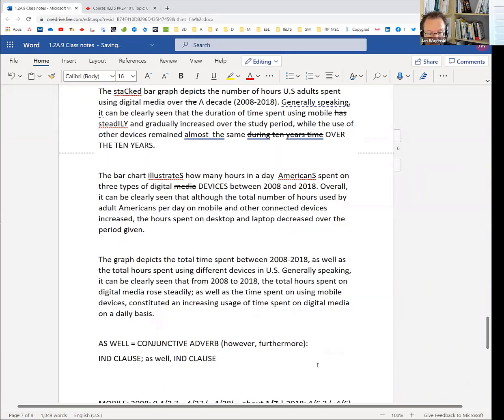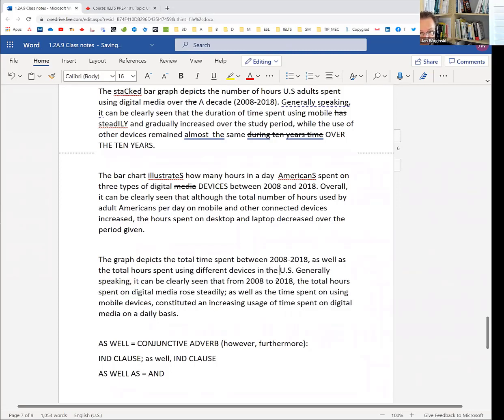As well as just means and. It's when you keep saying and, occasionally as well as can help you in that situation to differentiate between different items. But here, the graph depicts the total time spent between as well as the total hours. It's the same as and. The total hours spent using different devices in the US.